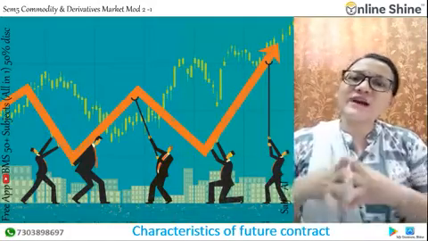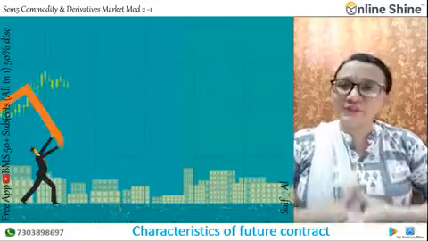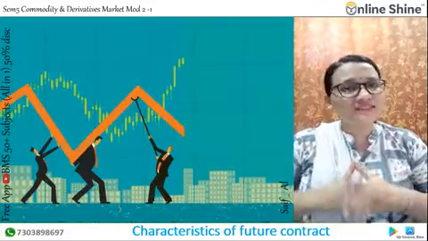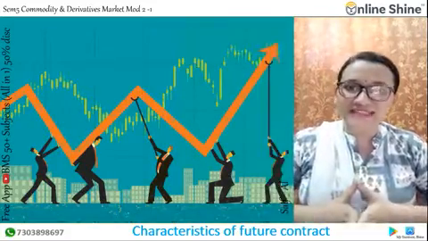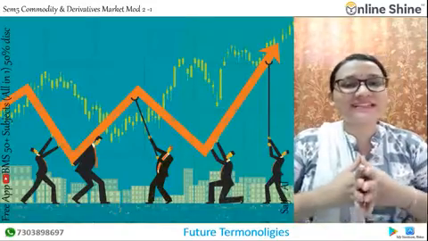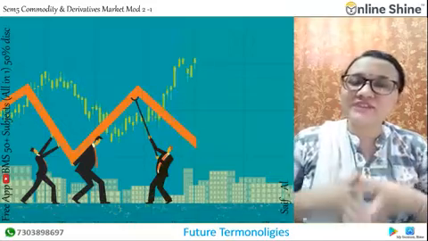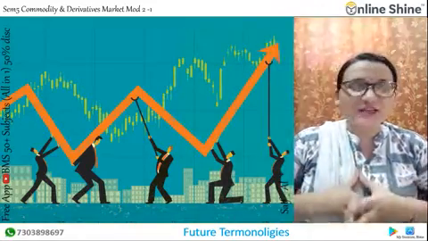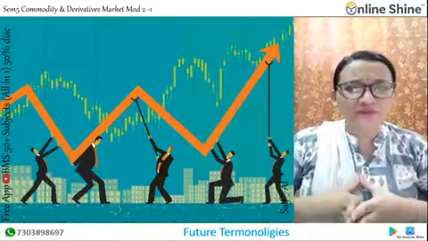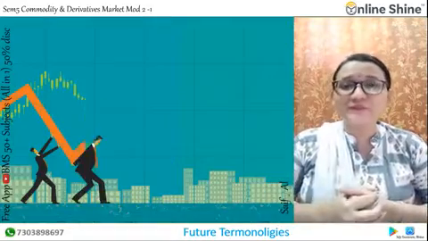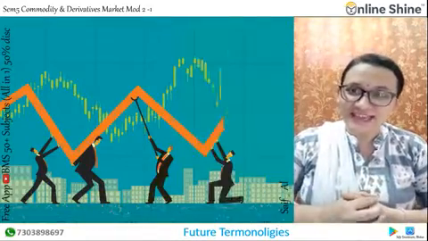Let's discuss futures market terminology. The first term is the spot price. As the name suggests, the spot price means the current price in the marketplace of a given particular asset. For example, the spot price of gold today is 49,350.